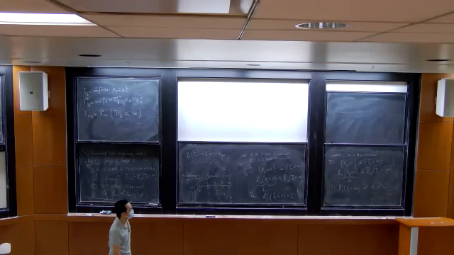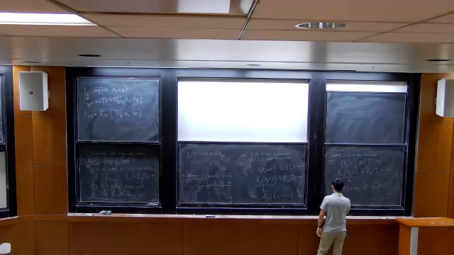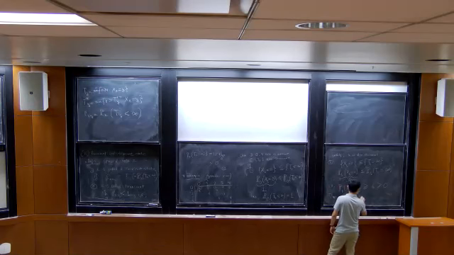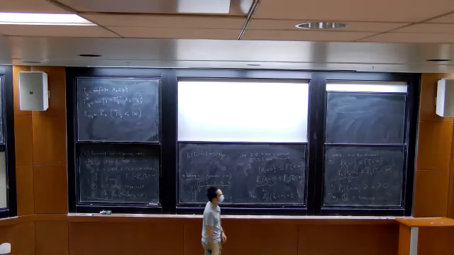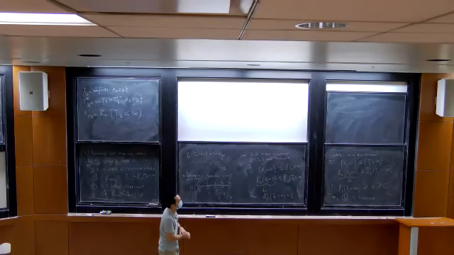If there is at least a positive chance I never return to one, then I'm going to call it transient. That's just the definition. State one is transient, and similarly for 2 and 3.